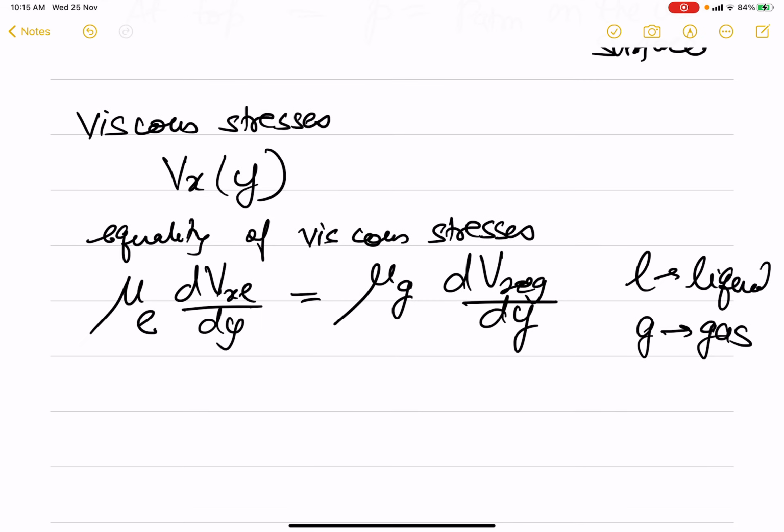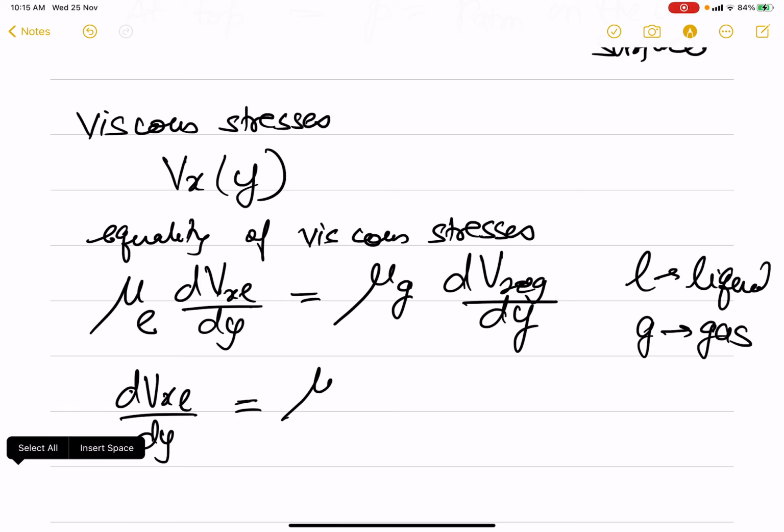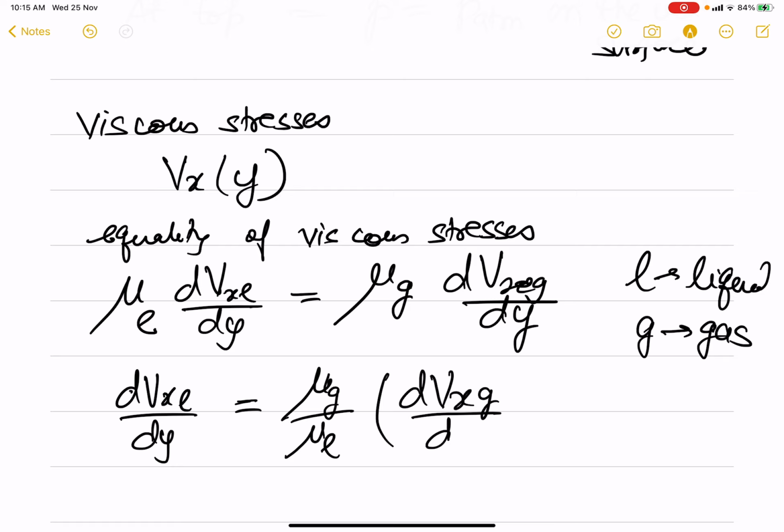If that is so, our flow domain, we are mainly interested in the liquid side flow. So dVx on the liquid side by dy will be equal to mu g upon mu L times dVx on the gas side by dy.